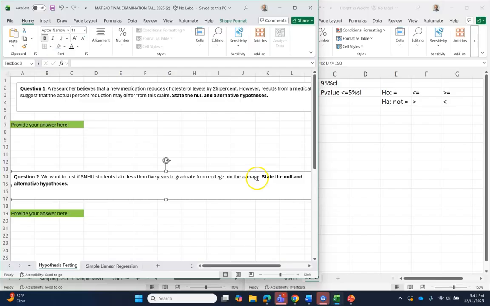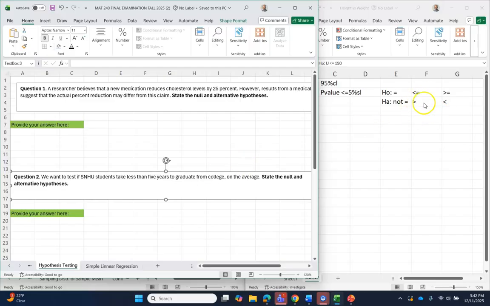So we want to test if new students take less than 5 years to graduate. So the existing knowledge should be that students should take 5 years. So the null hypothesis should be 5 years. However, we want to find out if the students take less than 5 years.